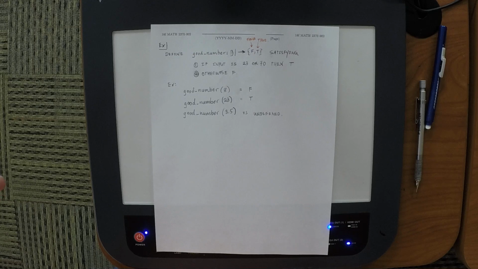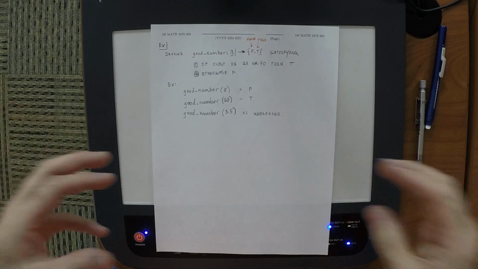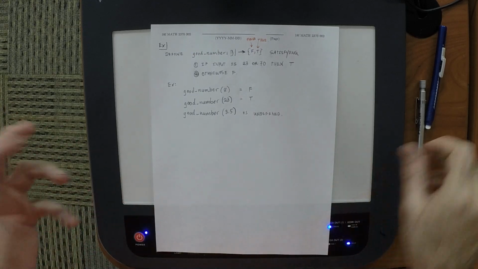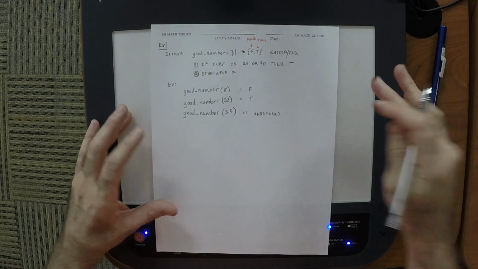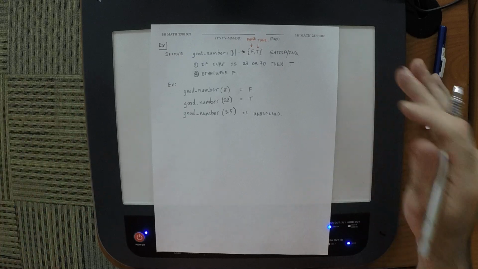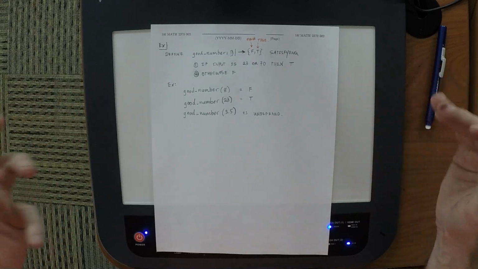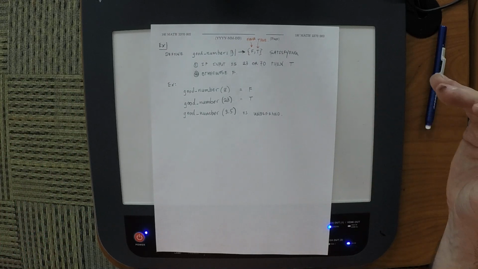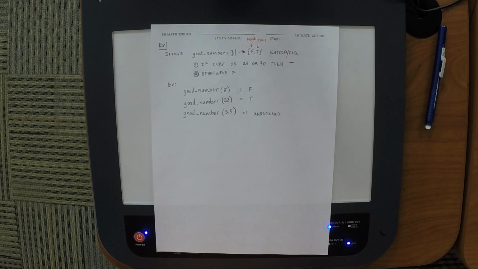That's not a thing. Then I defined it, and then we used it. So we want to write a program that does that. If someone were to type good underscore number and plug in 3.5, it won't return true or false. Rather, it's going to blow up. It's going to say, no, that's not something that we do. That's undefined.